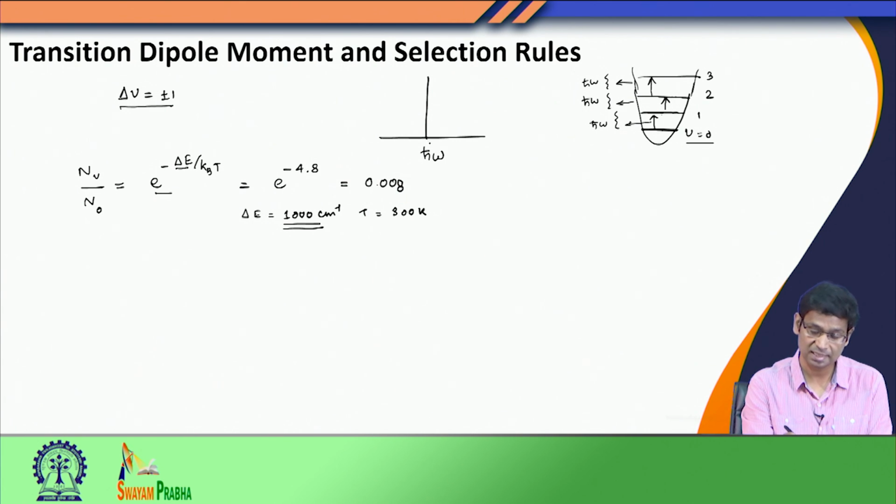So, when I see this band at ħω, I know this is happening mostly because of the 0 to 1 transition. A 1 to 2 transition may occur, but the amount would depend on how many molecules are present. Now, this 0 to 1 transition at ħω is called the fundamental transition or the fundamental band.